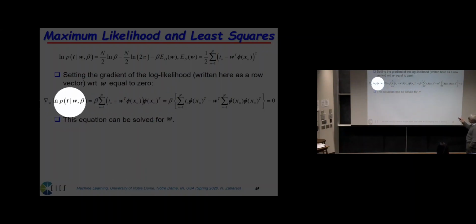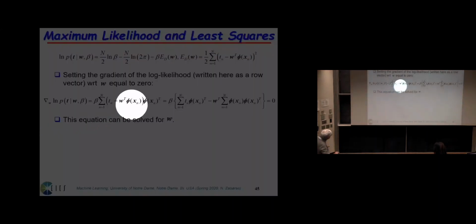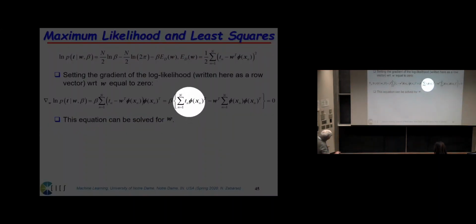So really what I'm doing is writing the gradient of the log likelihood as a row vector. If you want to write it as a column vector, you can take the transpose of this equation, but I am writing it like that. So I'm expanding and I have Tn times phi of xn transpose minus W transpose phi of xn times phi of xn transpose equal to 0. All right? That's a nice equation.